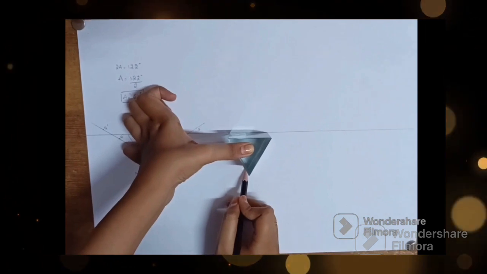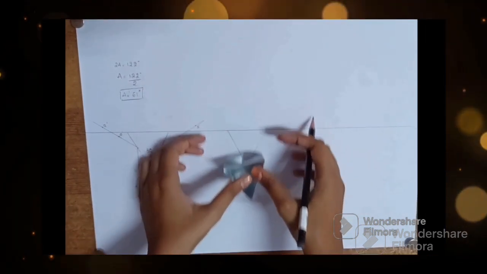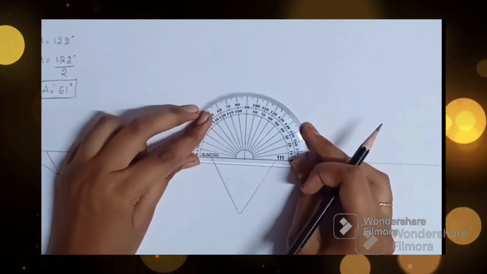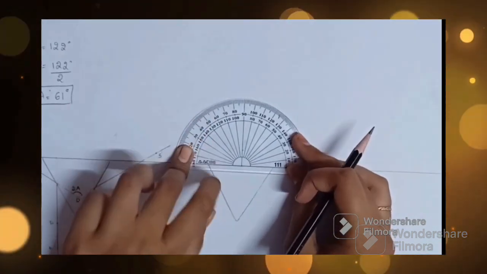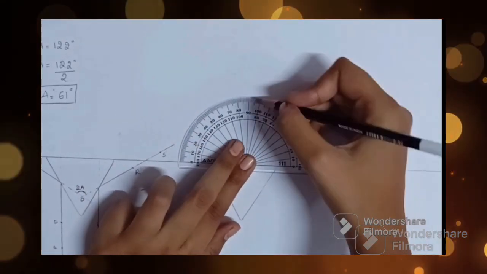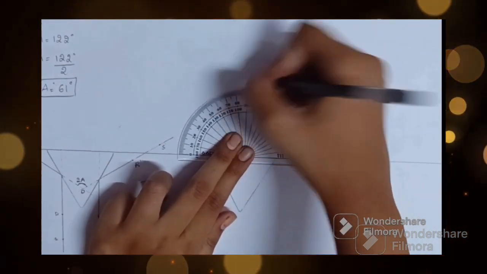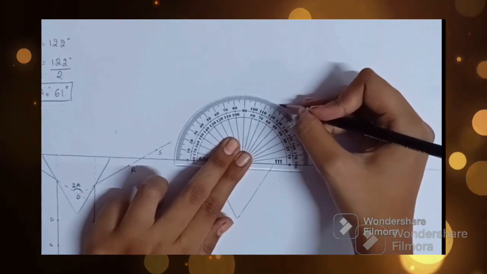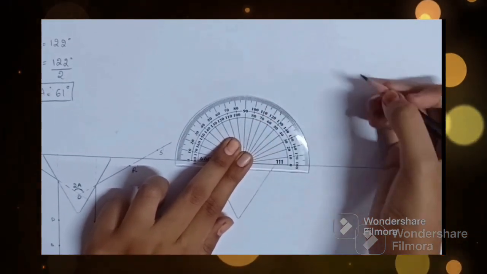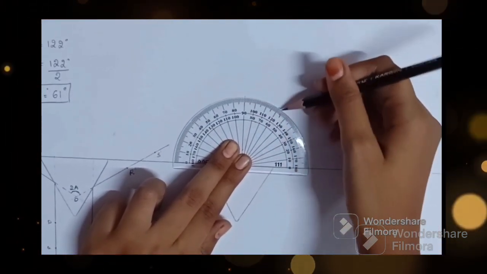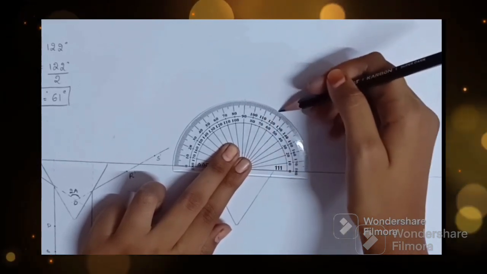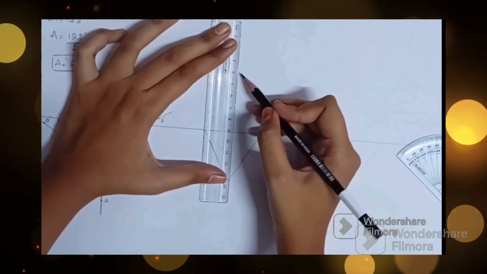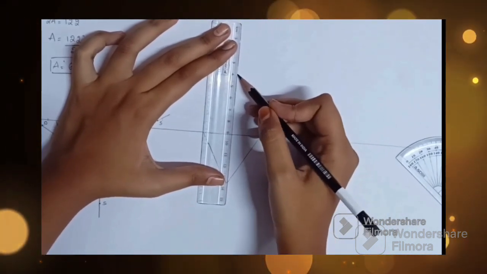Now to determine the angle of minimum deviation, we will draw the same outer boundaries of the same prism. Then we will mark a point on the line, and then we will draw our normal, that is our 90 degrees first, and from the 90 we will draw the 30 degrees, that is this point.